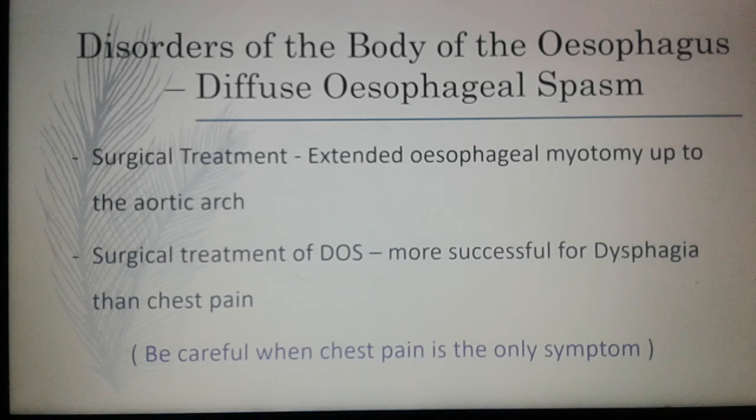But if the patient is only complaining of chest pain, the result may not be so good. So we should always be very careful when only the chest pain complaint is there and the patient is asking you for some surgical intervention. Please avoid it, because even after surgery, that is not going to help the patient very much.